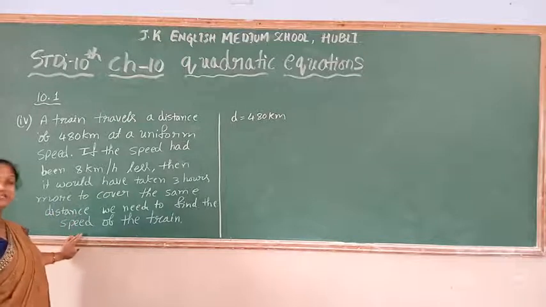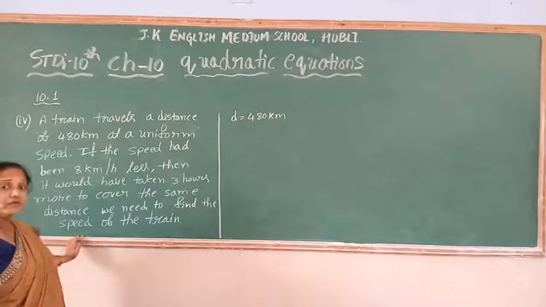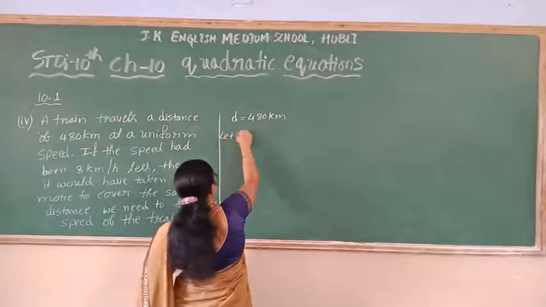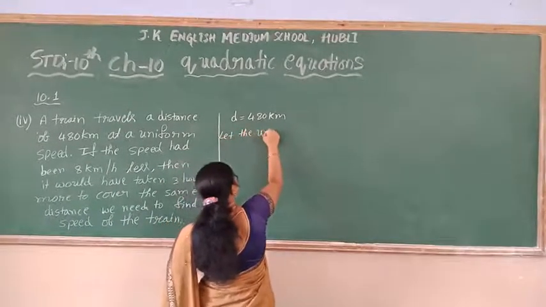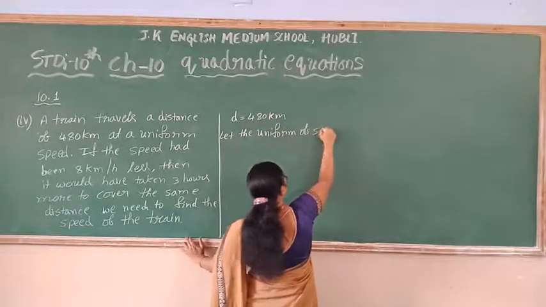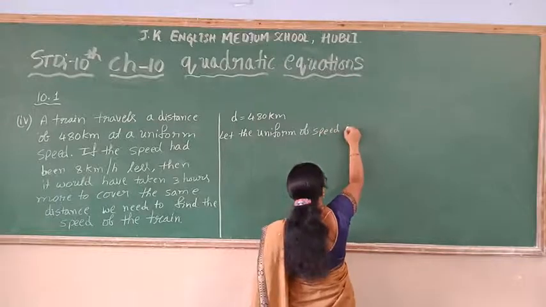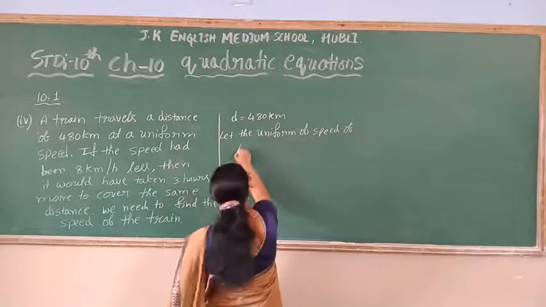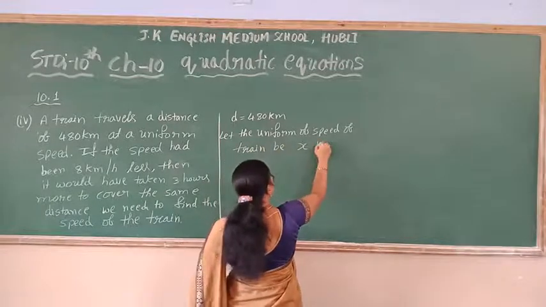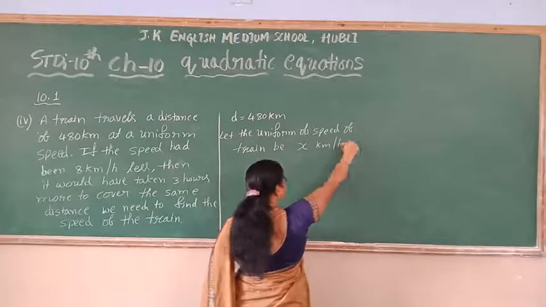We need to find the speed of the train. So what we have to find out, that only I will take as x. Let the uniform speed of the train be x kilometers per hour. Okay.